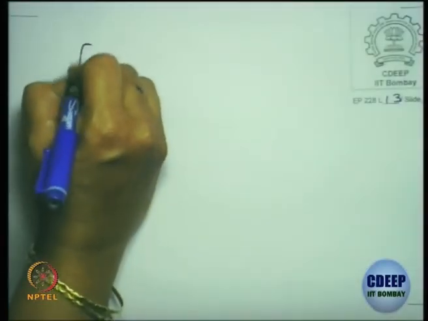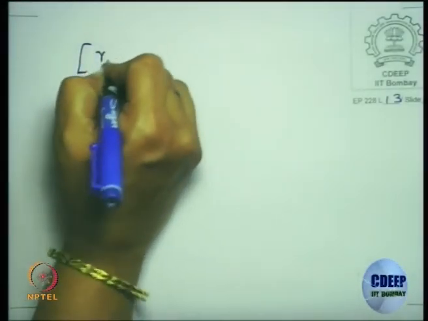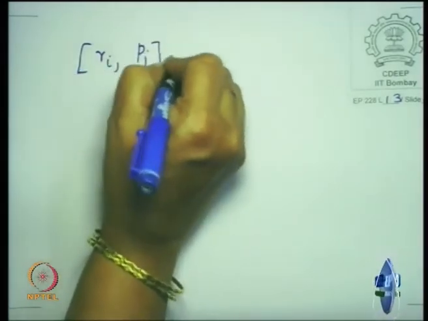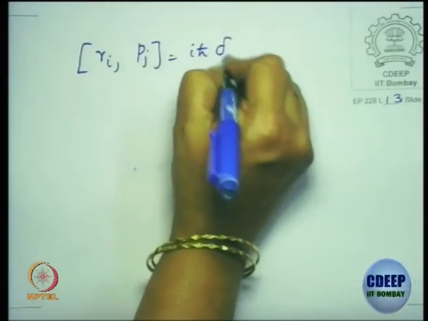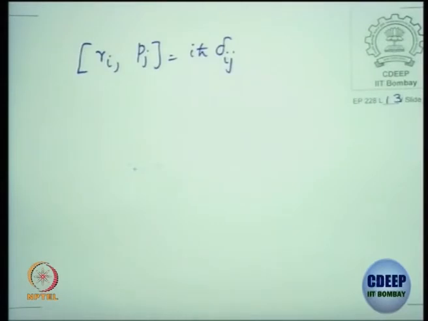We had this postulate [r_i, p_j] equals i h cross delta ij. In one dimension I wrote this identity, but you can rewrite it this way.